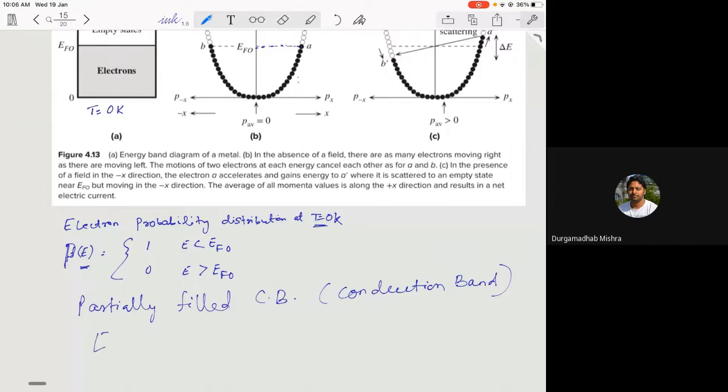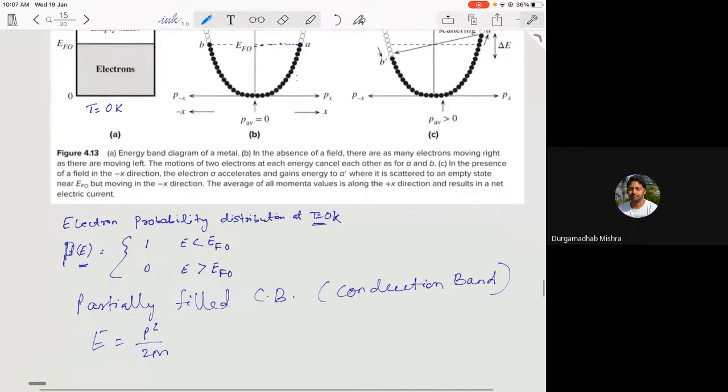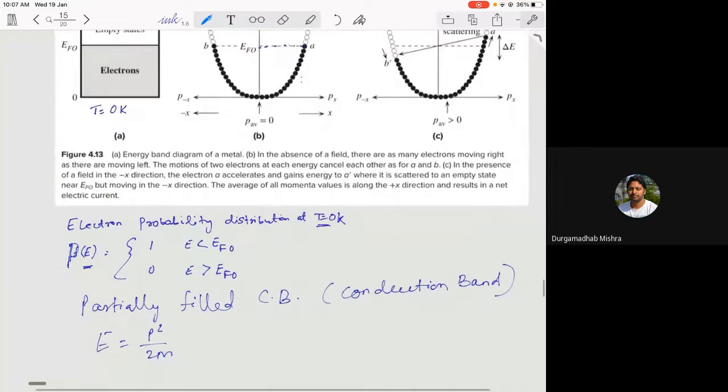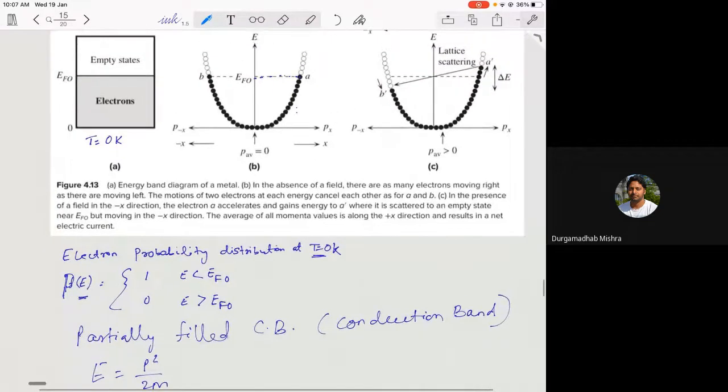So the energy you can write simply as p squared by 2m. That means the energy of the electron can also be expressed in terms of its momentum. This is useful when we talk about the drift of electrons. In order to understand the conductivity of materials, it is useful to represent it in terms of the momentum instead of energy.